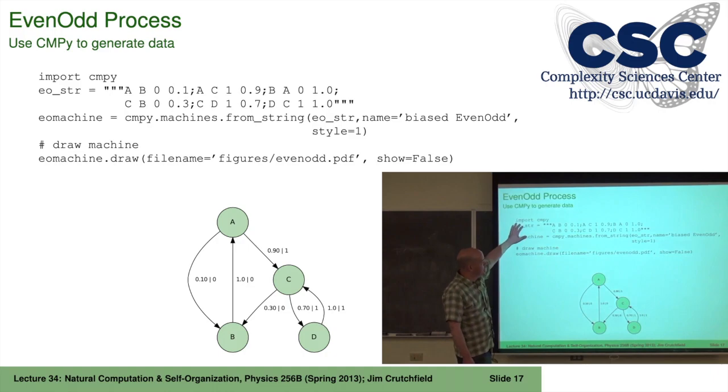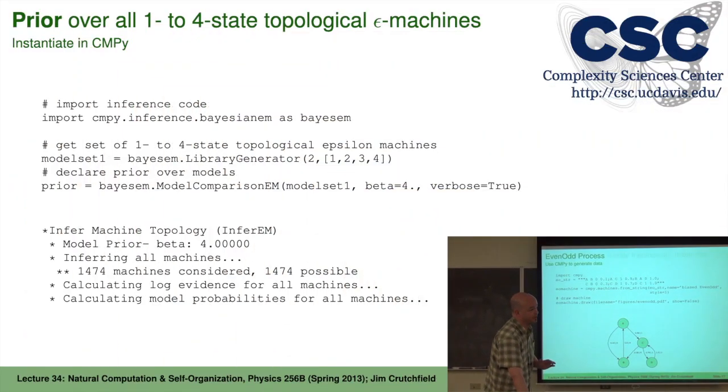Do that with a string, use CMPy to make an instance of it, and this is what it looks like. This is what's going to be generating my single time series. Then I'm going to feed this to the algorithm and say, let's infer the structure, estimate entropy rate, C_mu, these kinds of things. This is exactly what you get to play with in the second lab.